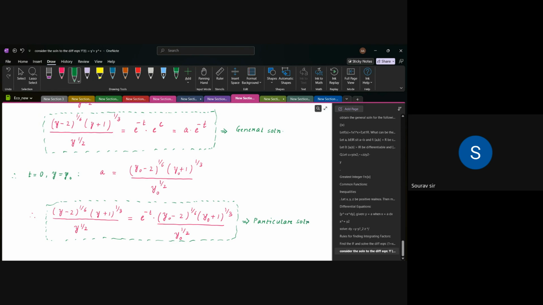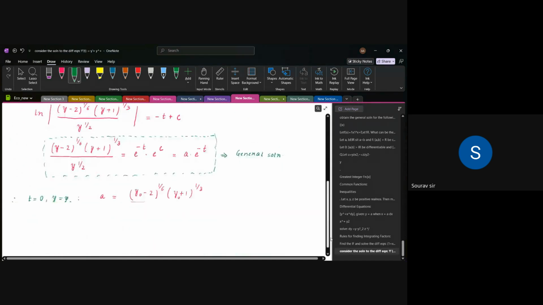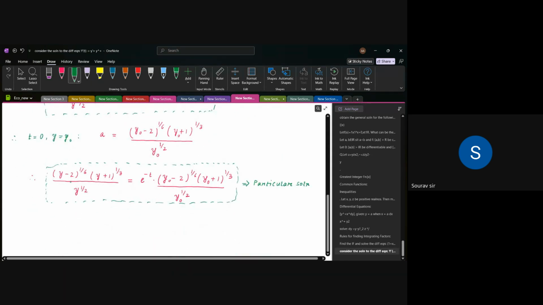All right. And now the question was, we want to find the limit as t tends to infinity of y(t). So even without rearranging, I can find the limit, right? If I take the limit t tends to infinity on both sides, I will be getting the answer.